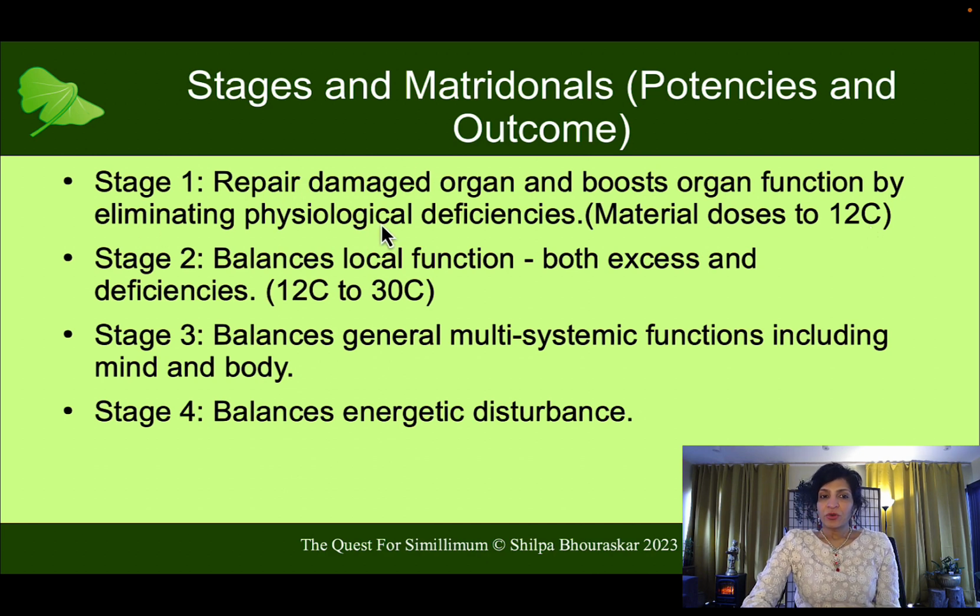So the idea here is to repair the damaged organs, or in case of a hormonal gland, if there is a deficiency of a particular hormone, you are helping boost the levels and eliminating any sort of deficiency at a physiological level. At stage 2, this is when you're using potencies between 12C and 30C. This is just a ballpark figure, but you get it.